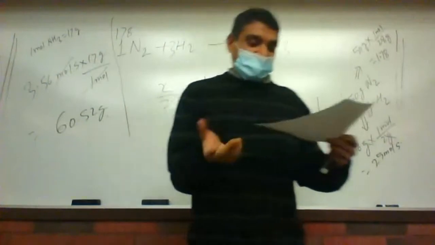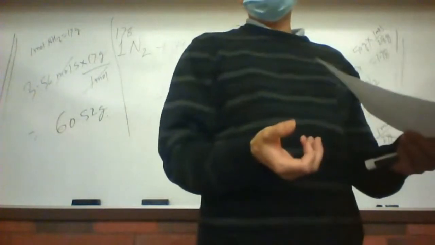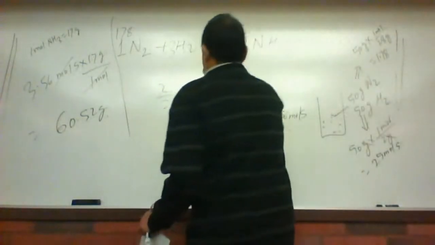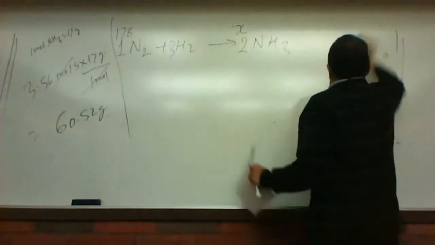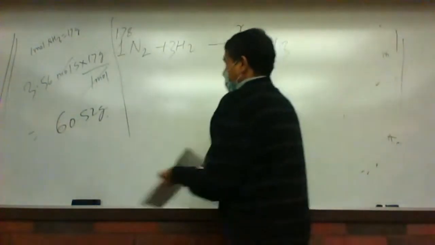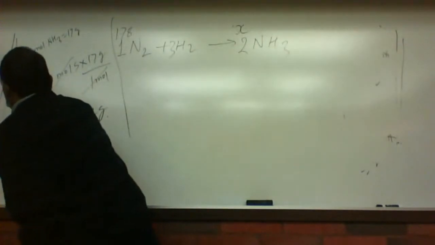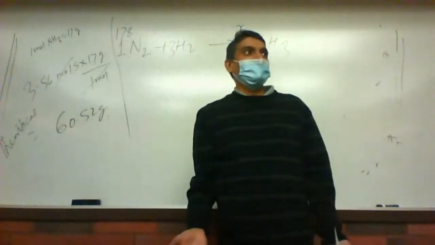But the question says, I did that and I only got 30 gram of ammonia in the actual experiment. So that's the actual yield. Actual yield is 30 gram. And this is theoretical. I just did all the calculation and said this much ammonia I should be getting.